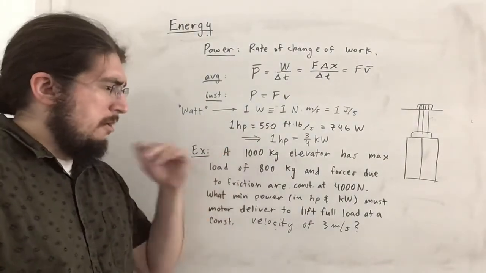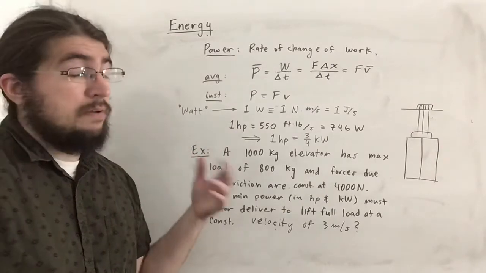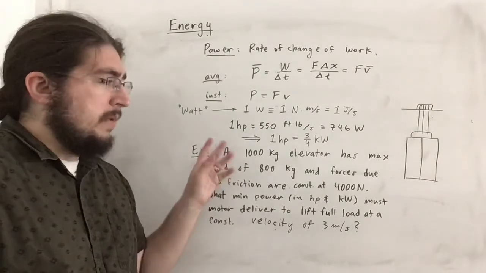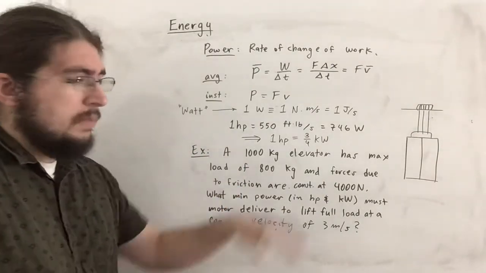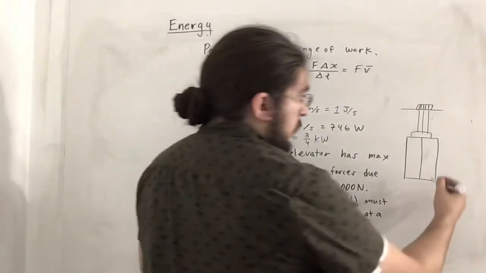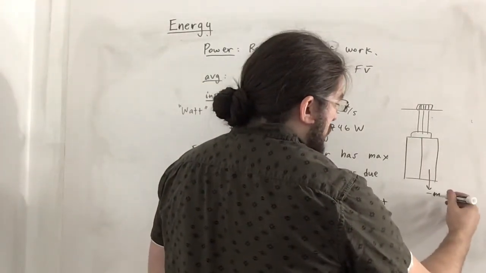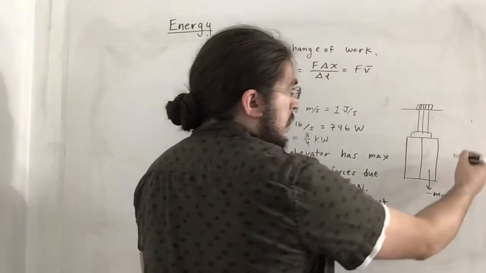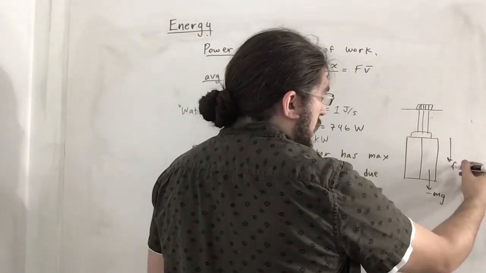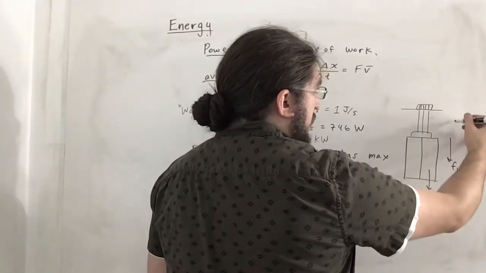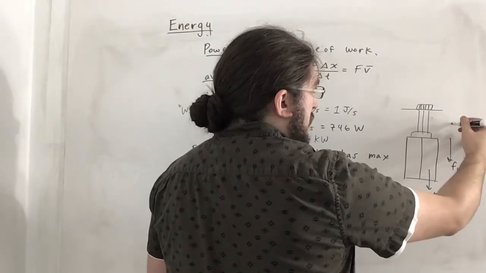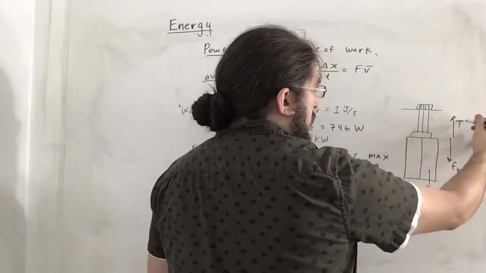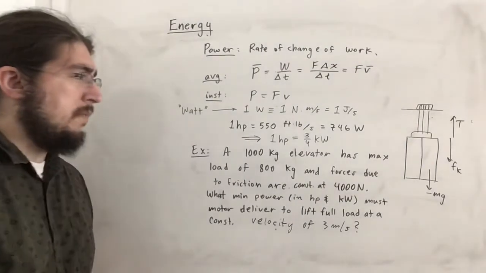Our combined mass, anyways, appears to be 1,800 kilograms. So I'm just going to write here that we have a few things. We have the weight, which is negative mg of the elevator cart. We have the force due to friction, which I'll call Fk. And we also have the tension, so we'll call capital T, of the cables provided by the motor.